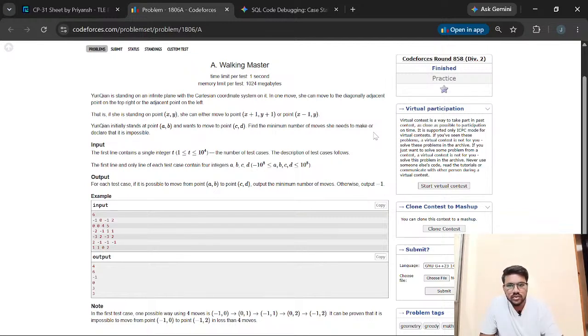See, that is, if she is standing on point x comma y, she can move to point x plus 1, y plus 1. She can move like this, or to point x minus 1. Okay, she can move like this, or she can move like this.